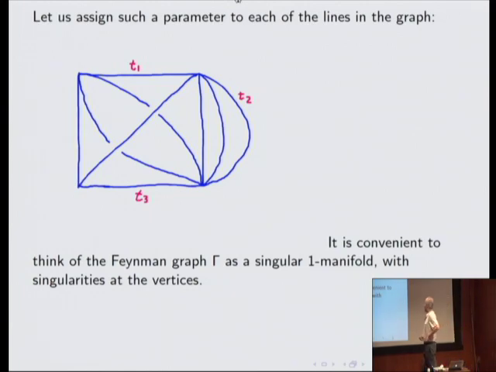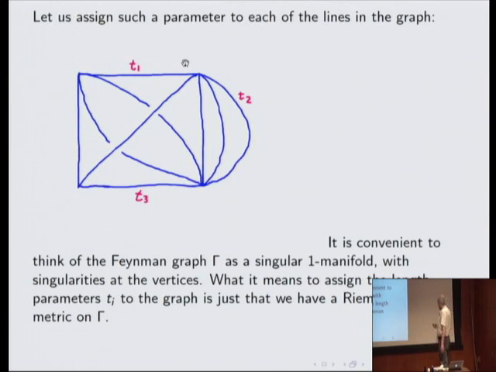So the Feynman graph is a singular 1 manifold, and it had to be singular because there aren't enough 1 manifolds otherwise. A smooth 1 manifold is either the real line, or a circle, which is OK at one loop, or a piece of one of those, an interval. But the supply of smooth 1 manifolds is pretty limited, so Feynman had to use singular ones, which are Feynman graphs.